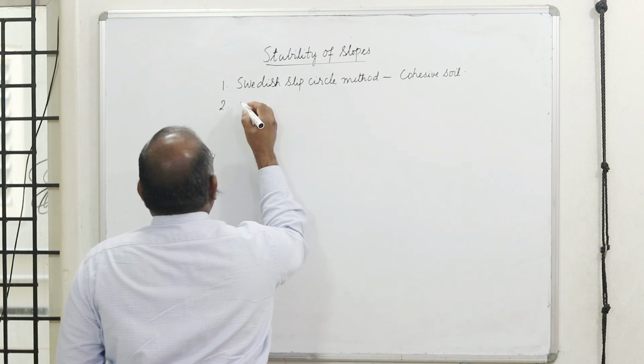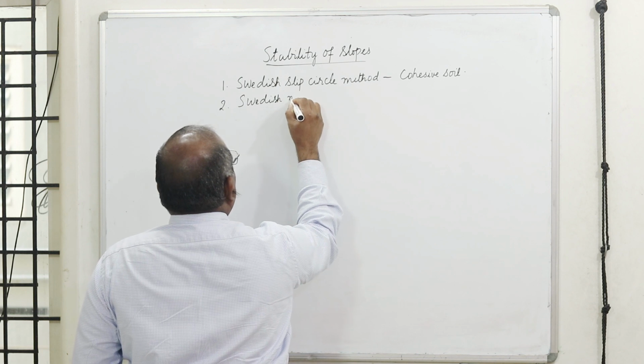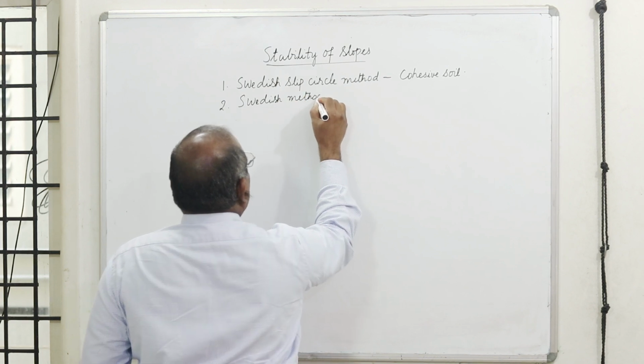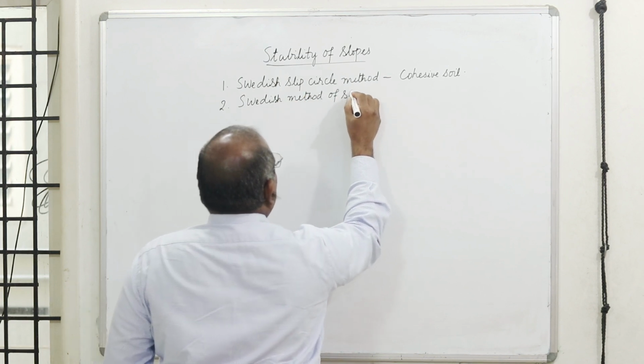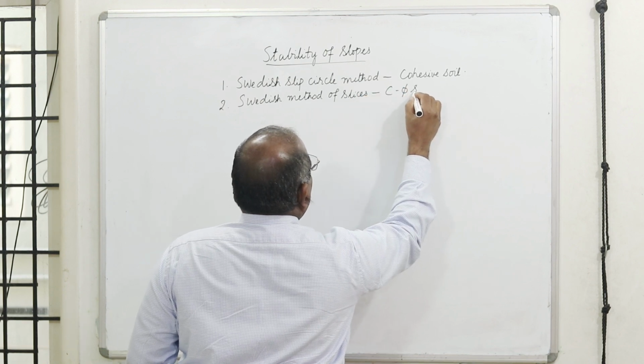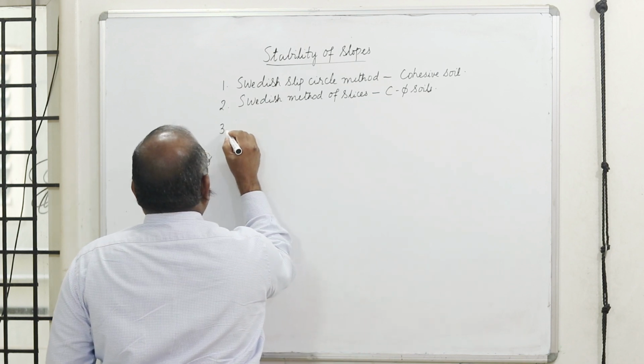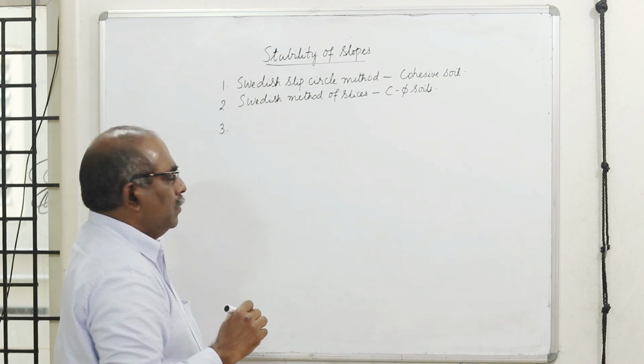Then we discussed the Swedish method of slices, which is for c-phi soils. Now we will discuss the other two methods.